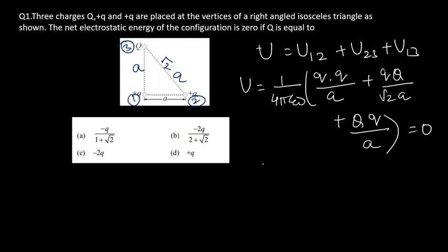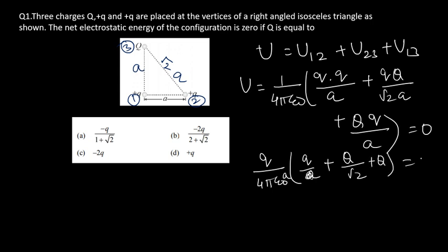So we can write Q upon 4 pi epsilon naught a common, so Q plus capital Q upon root 2 plus capital Q equals 0.